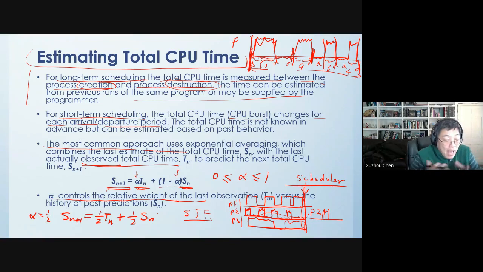So I use the average of the previous actual CPU burst and the previous predicted CPU burst, and use this to predict the next one.